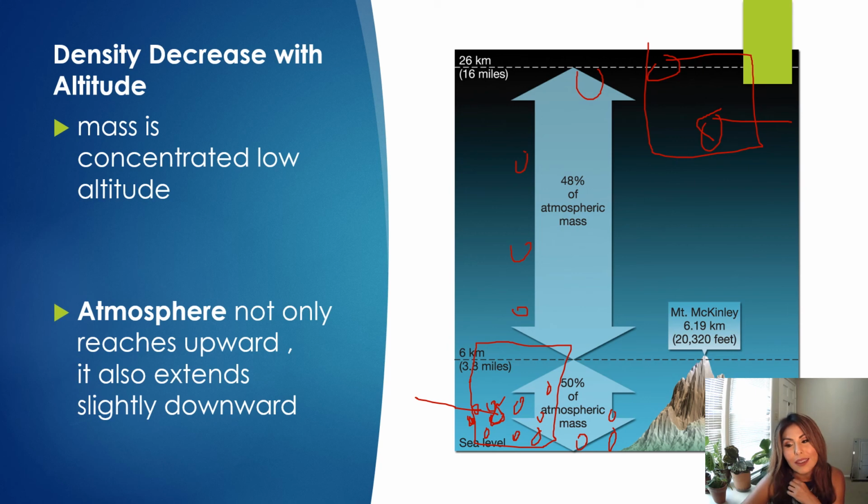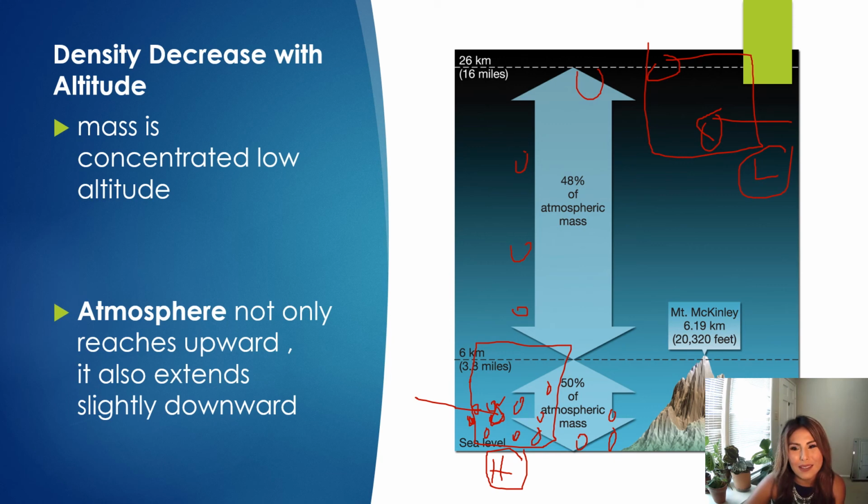Now, I'm getting ahead of myself, but you can experience this, right? Because there is a pressure change. Because there's more air here, there's higher pressure at sea level than there is up here. There's lower pressure because there's less concentration up here than there is right here.